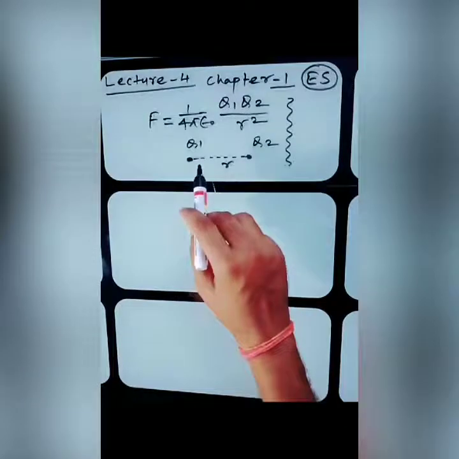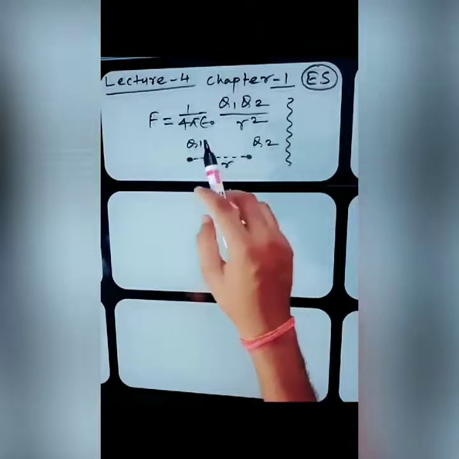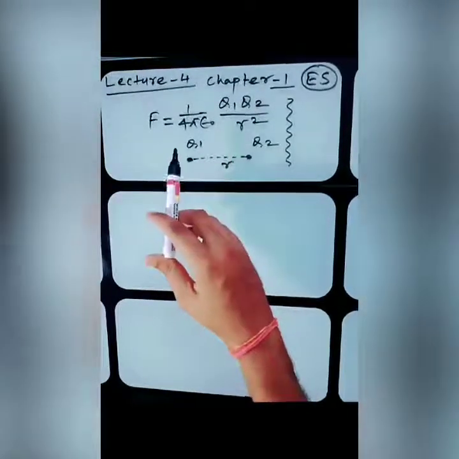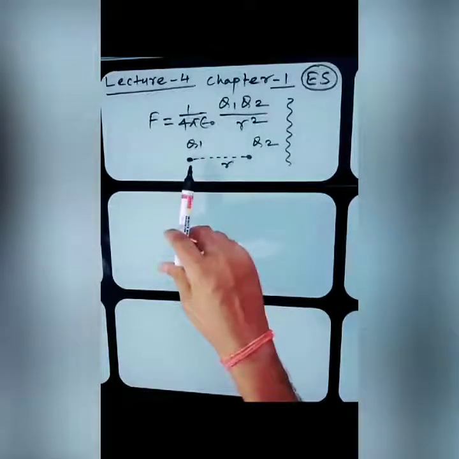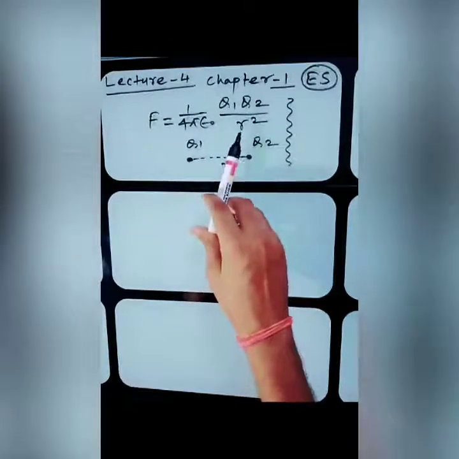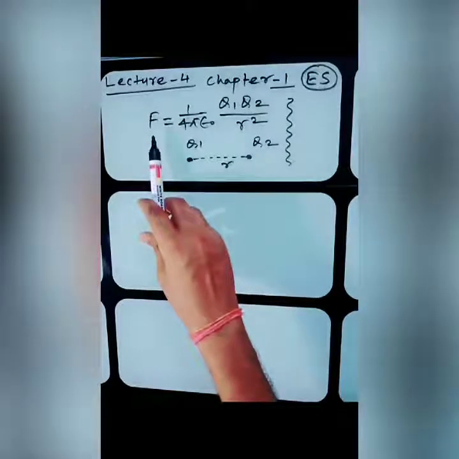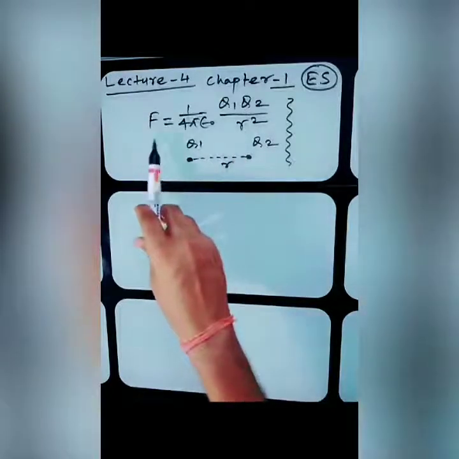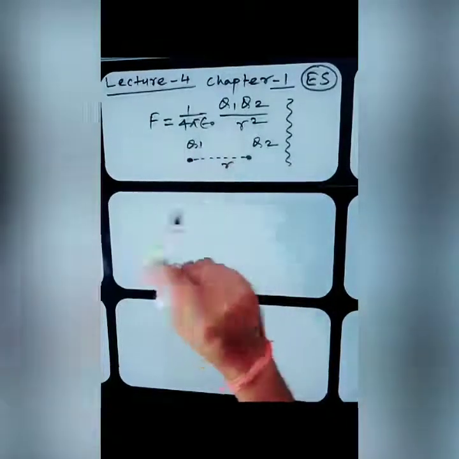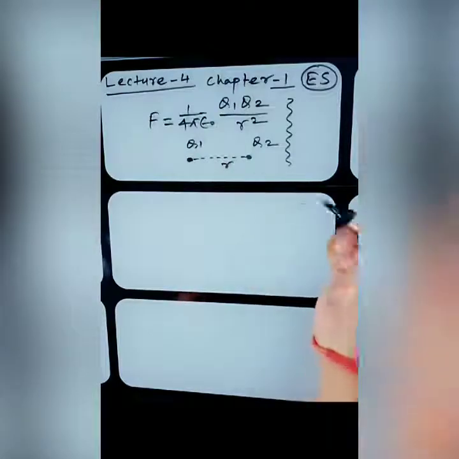If the charge is constant and the separation between these two charges becomes double, then how will the force change? It's very easy: if the separation becomes double, the force will be 1/4 of its initial value.